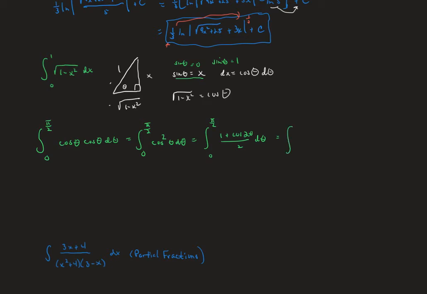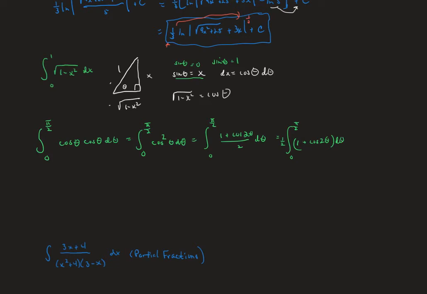So this is going to be the integral. We can pull out that 1/2, going from 0 to pi over 2 of 1 plus cosine of 2 theta d theta.